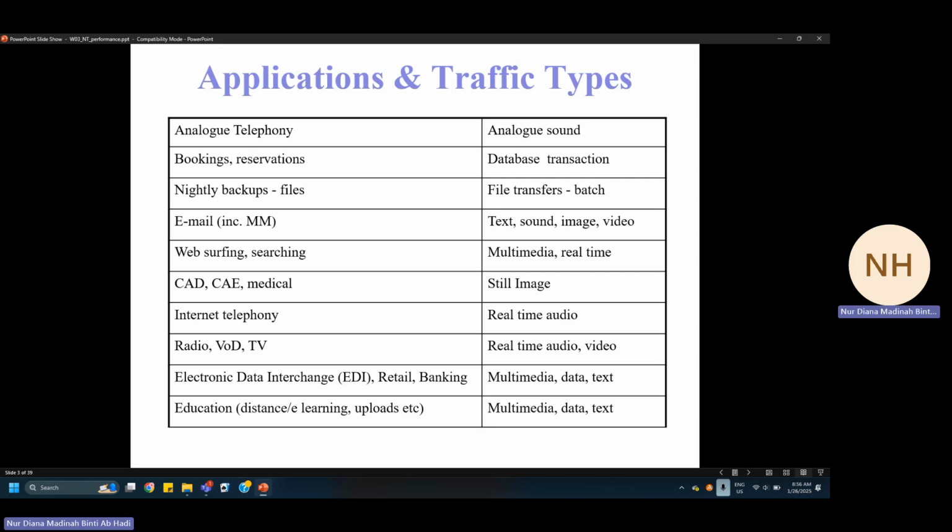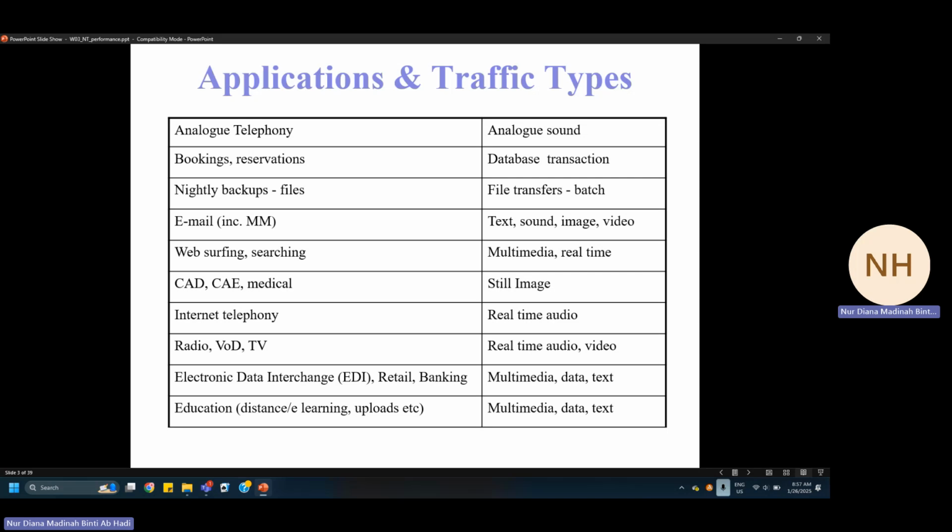Analog telephony will use analog sound. Booking and reservation will include using database transactions, while nightly backups, which are your files, since it is a file transfer, is considered as a batch. Email can be text, sound, image, and videos. Web surfing and searching, we go for real time.